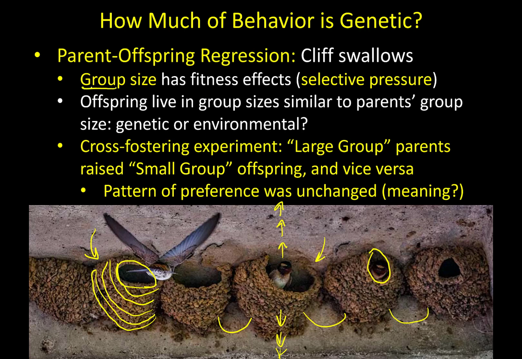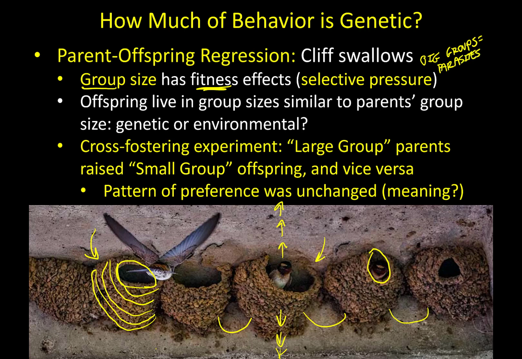The size of a group of nesting cliff swallows has effects on their individual fitness. This actually creates selective pressure based on their group size. Crowded groups, or just big groups, experience a problem with parasites.